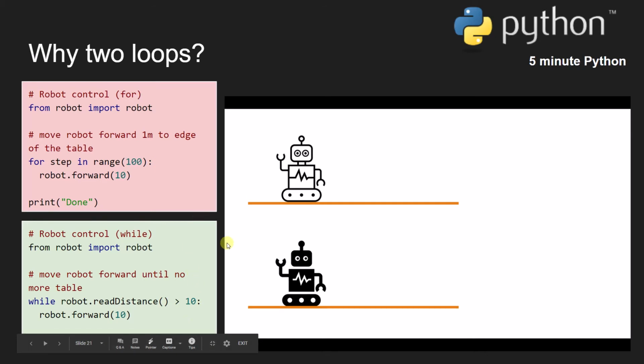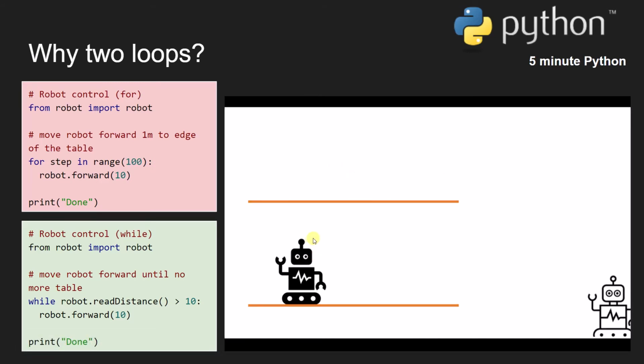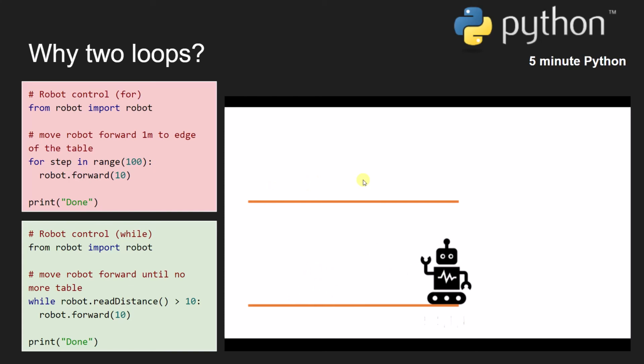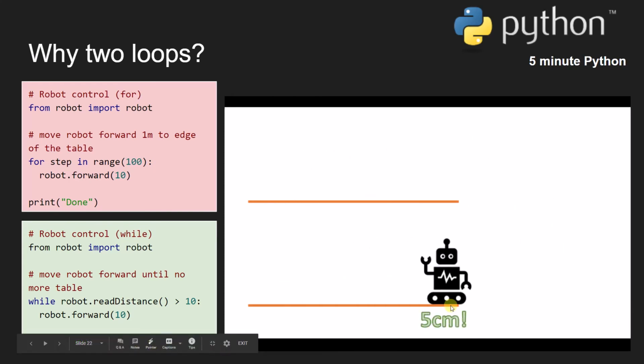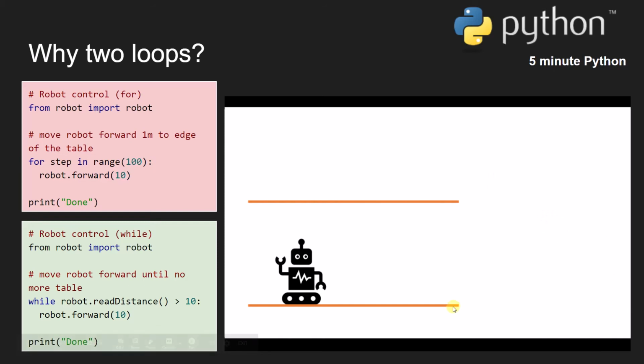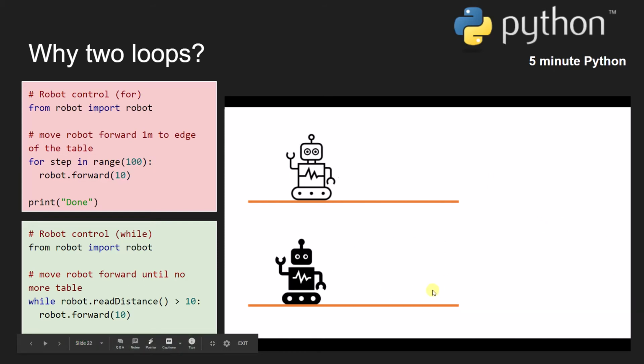So why are these two different? Well, if the first one goes, he will fall off the end. The second one keeps moving forward until it gets to the end of the table, and then it will stop. So this protects itself. It doesn't go and do something silly.